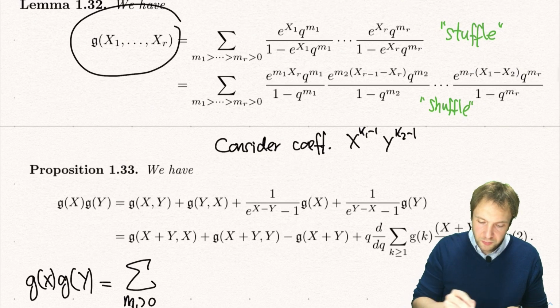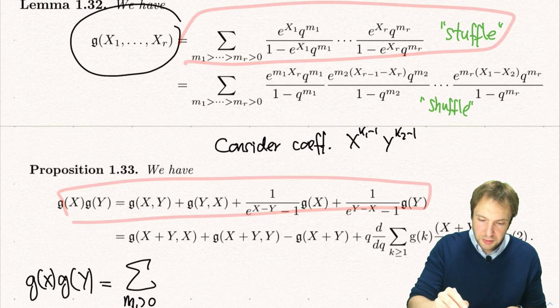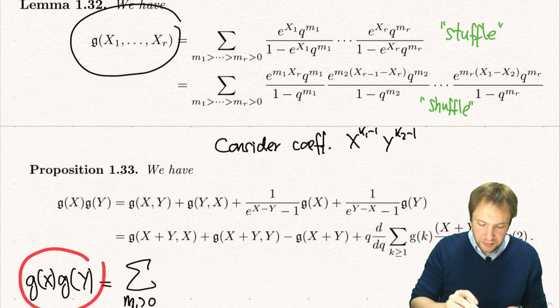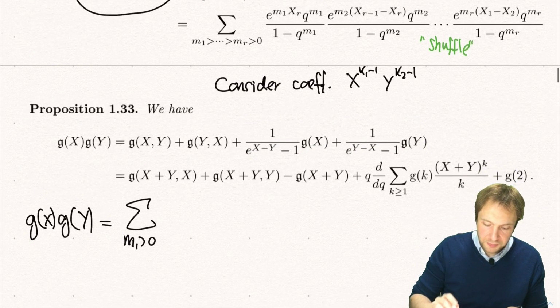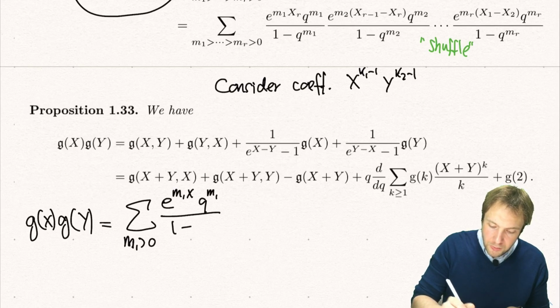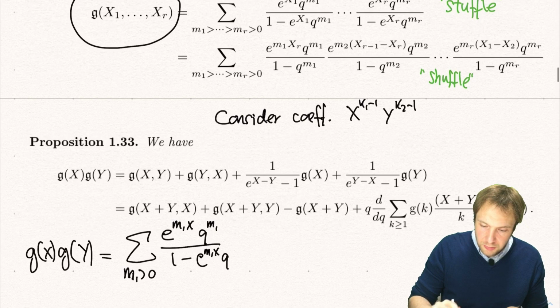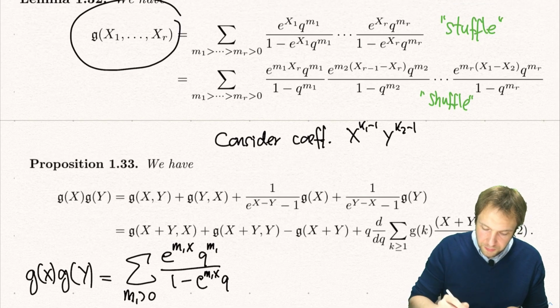So now, to prove this one, we will use the first formula. So here I will now use that this is e to the m1 x q to the m1 over 1 minus e to the m1 x. Oh, sorry, this is just x.